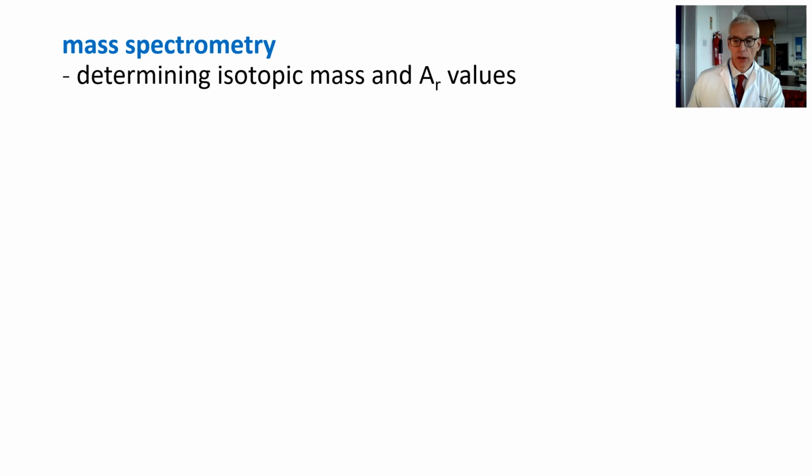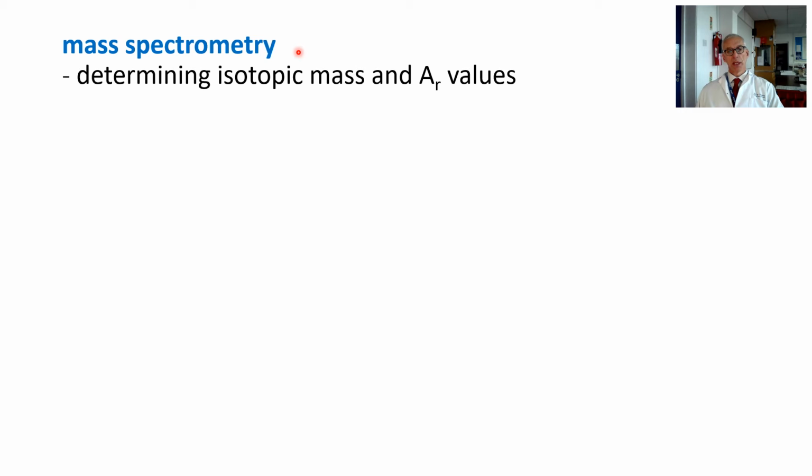So how is the data relating to the abundance of various isotopes achieved? Well, the answer is from an instrument which we obviously don't have in schools, called a mass spectrometer. It's very expensive.